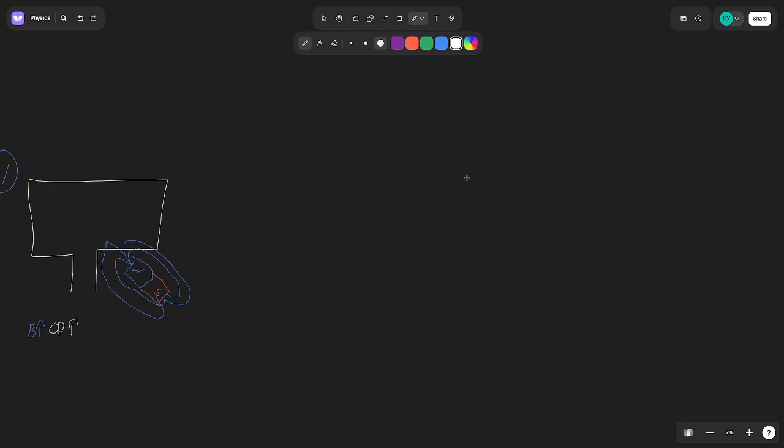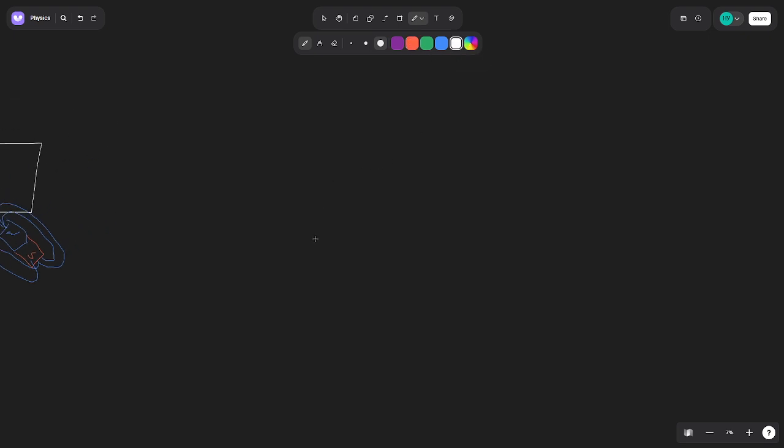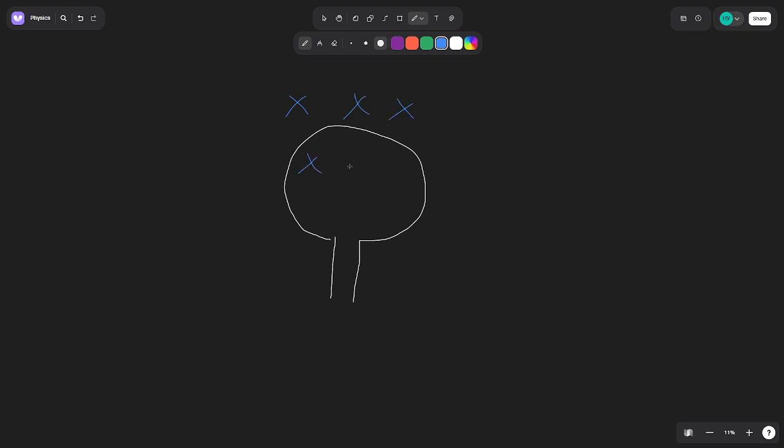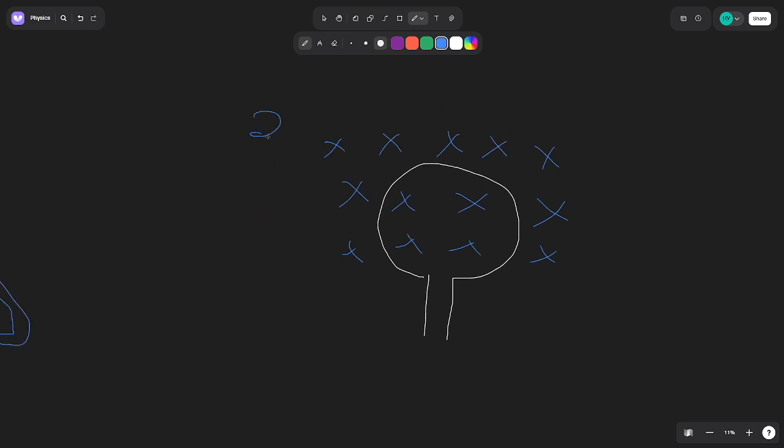All right, let's take a look at another example. We got another coil, and we got some constant magnetic field here. So it's constant. How can we increase or decrease and change the flux?